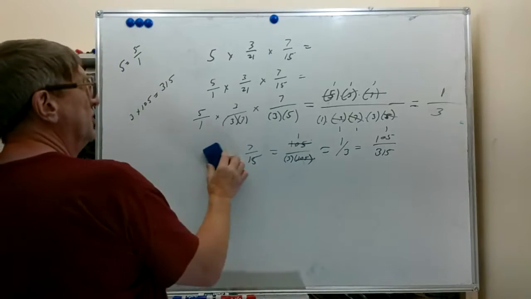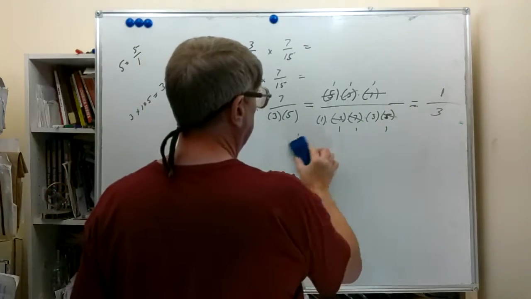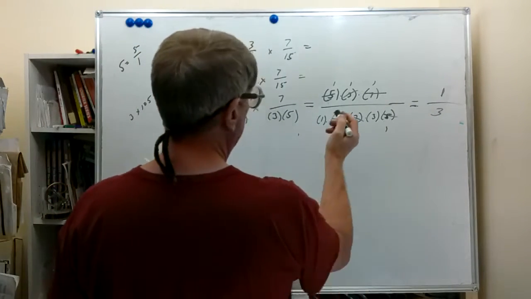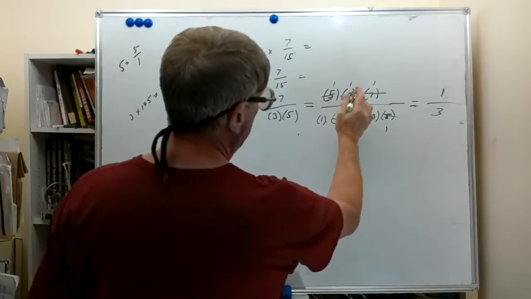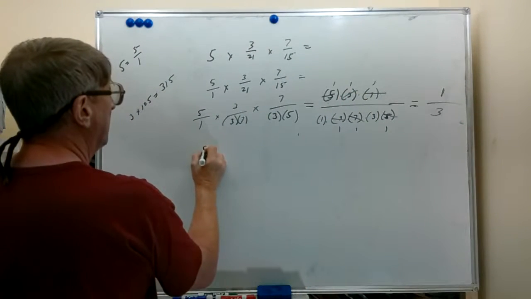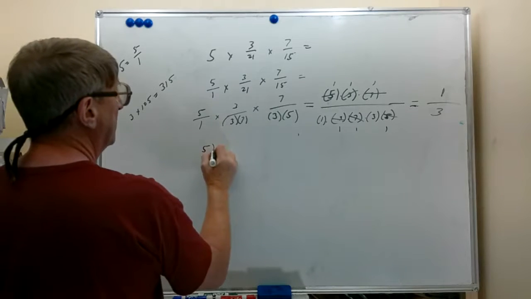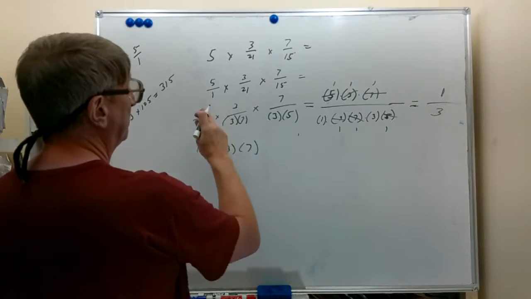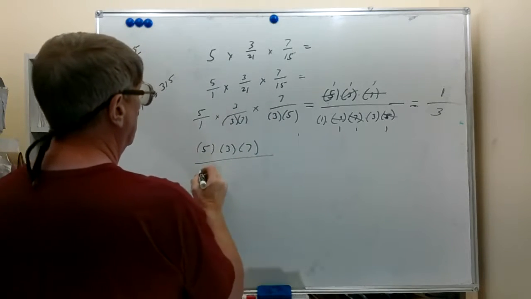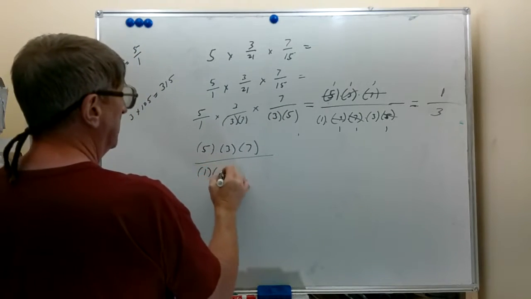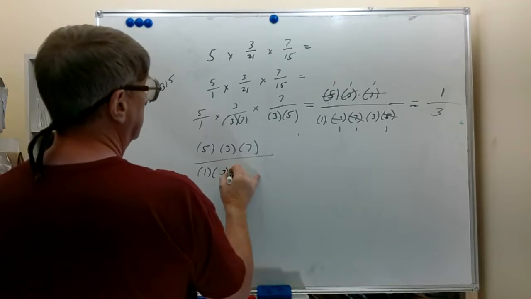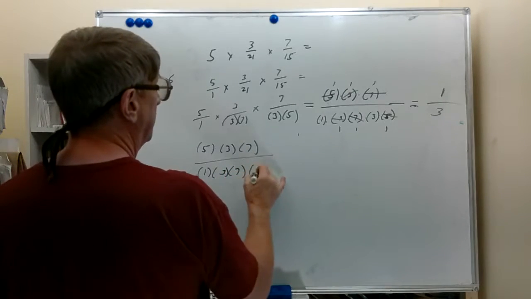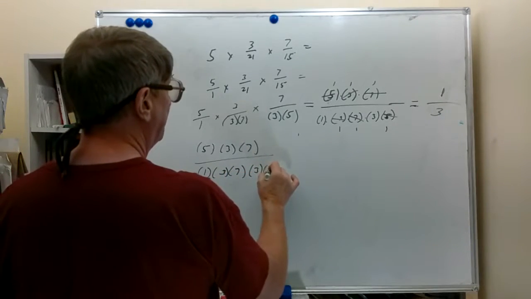I want to show you one more thing with this problem. We rewrote the problem as 5 times 3 times 7 over 1 times 3 times 7 times 3 times 5.